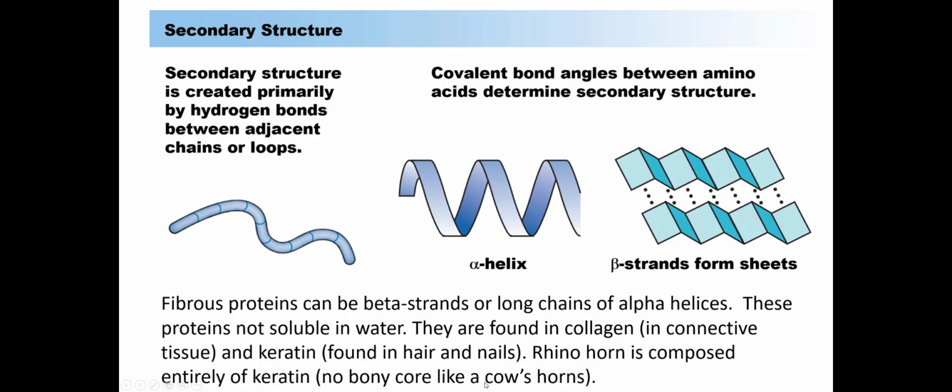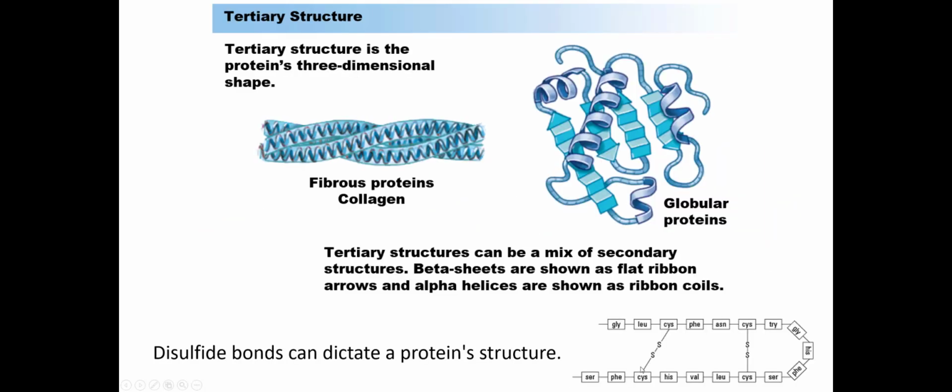A cow's horn does have bone in the middle, and then an epidermal layer, and then the keratin, and then the skin and so forth. So rhino horn is somewhat unique in that sense, but really it's simply keratin, so it's nothing really that special about it. So it doesn't really make sense that people are hunting rhinos to extinction.